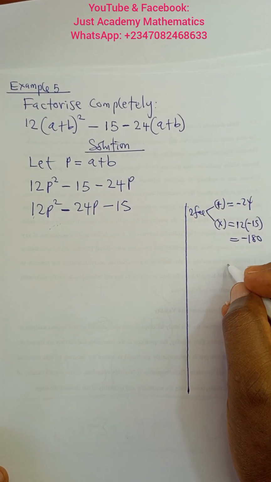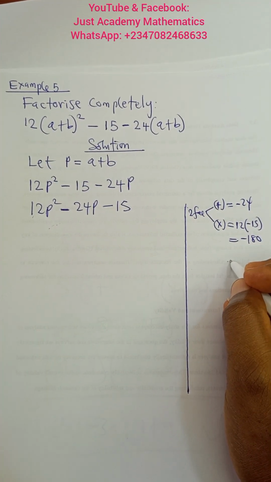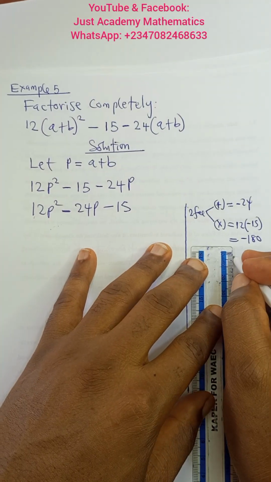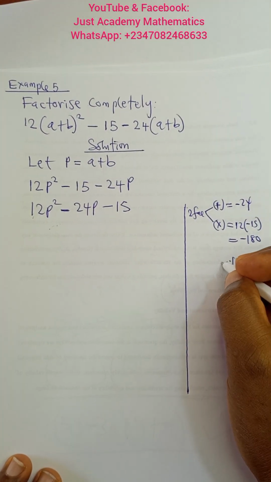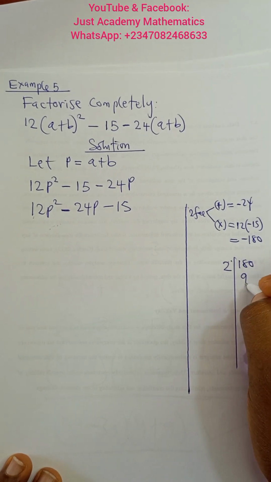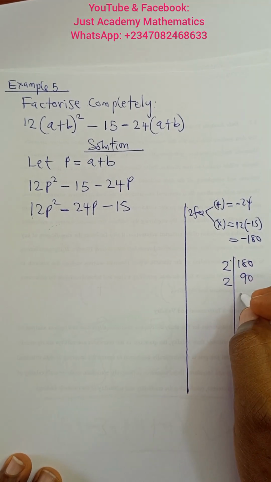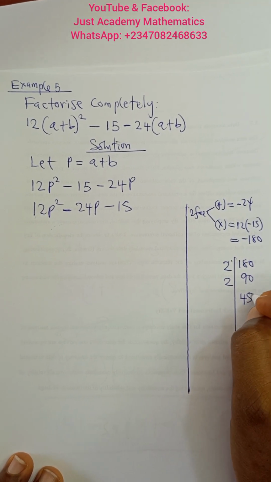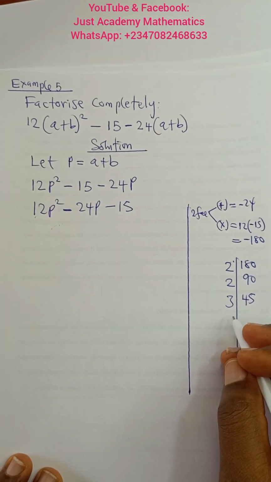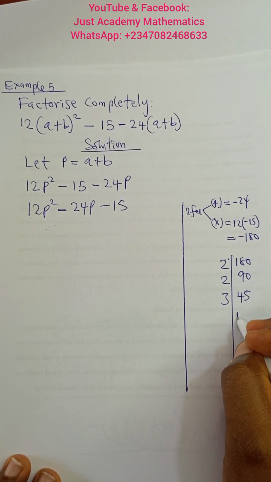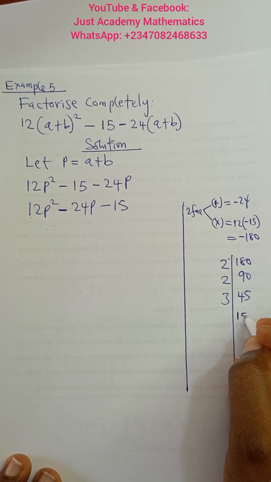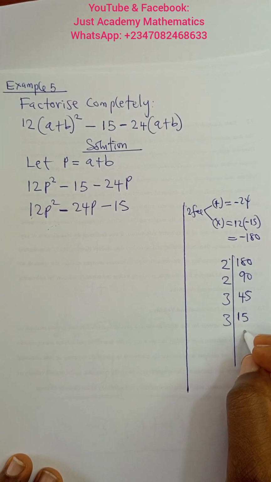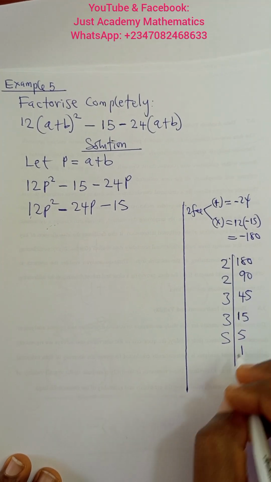So you express 180 as a product of its prime factors. 180, 2 can go here, will give us 90. 2 goes into 90, will give us 45. 3 can go, 3 goes into 45, 15. 3 goes into 15, 5. 5 goes into 5, 1.